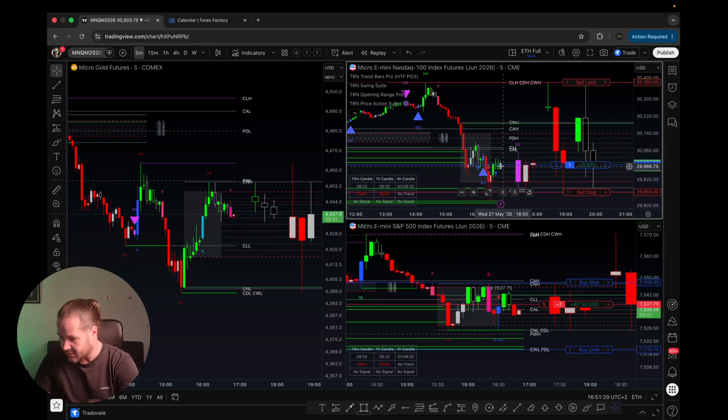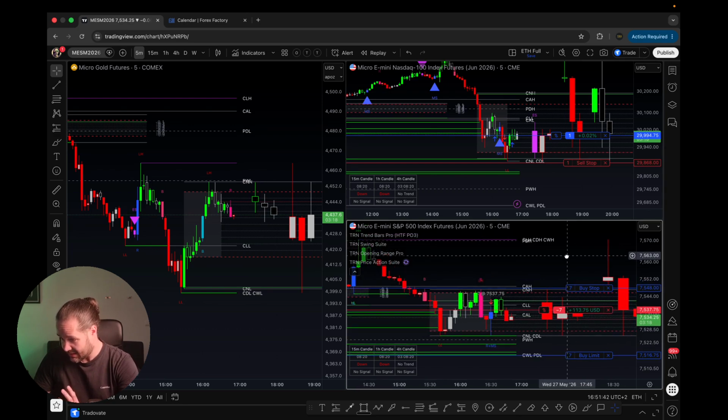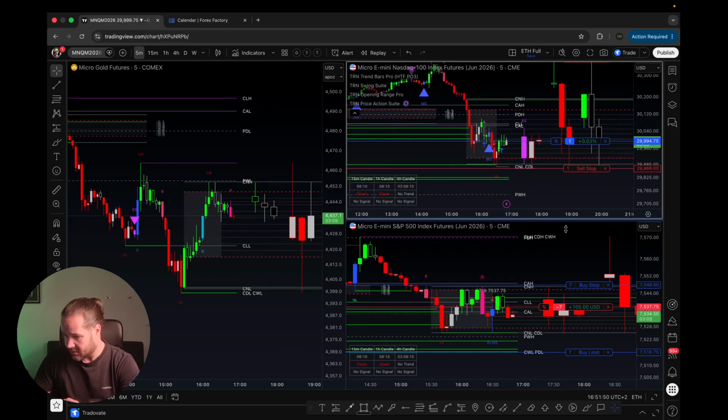NQ really started to outperform ES like planned, because here liquidity was swept, and here ES is still sitting below the opening range low. The signs were there, and right now it's really playing out. So let's see if NQ stays strong and outperforms ES.